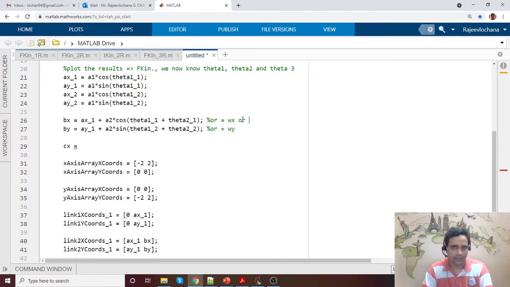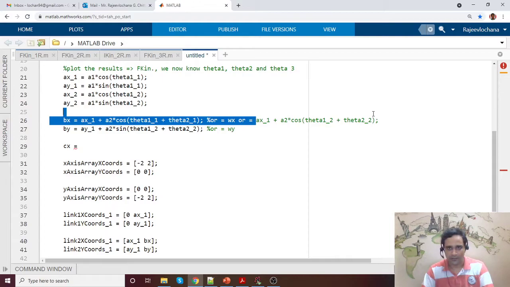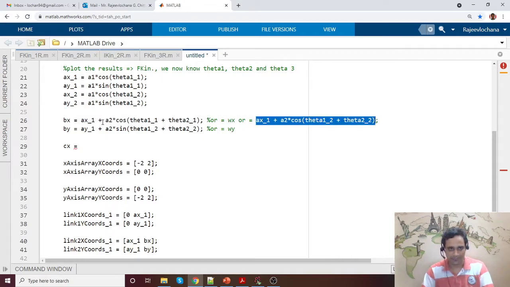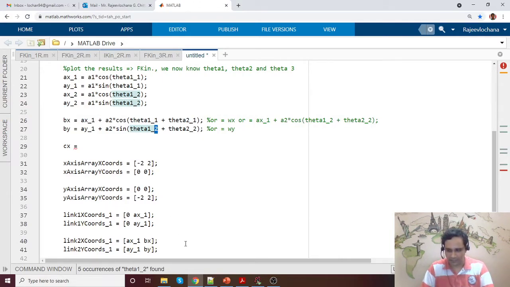Or you can try this also. I can select the second set. Okay, so theta 1 second set and theta 2 second set also, if you try, you should still get the same. Okay, so let me just do it this way. I think I made a mistake here.